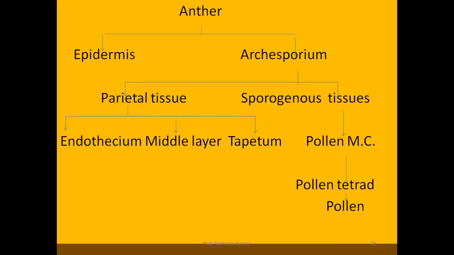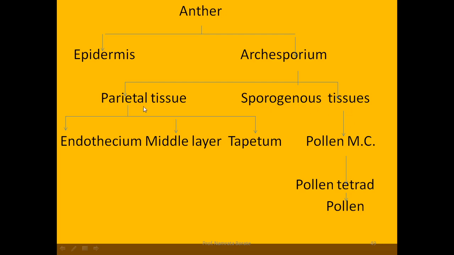So you can see this concept map. When we observe this map very carefully, you can understand this concept very well. The anther consists of two parts: first the epidermis and second the archesporium. The archesporial cells divide periclinally, giving rise to the outer parietal cells on the outer side, and the sporogenous tissue towards the inner side.